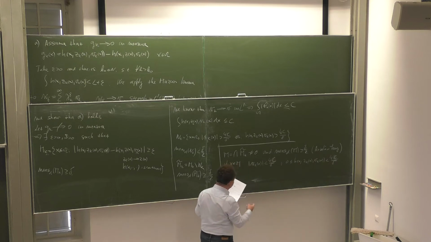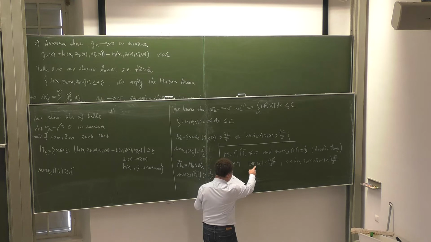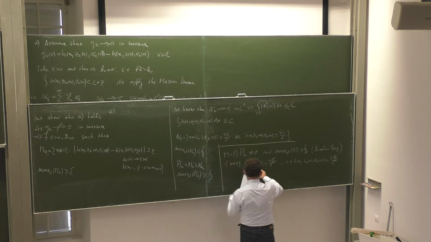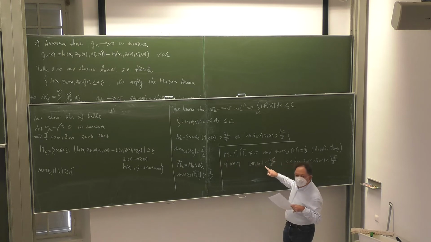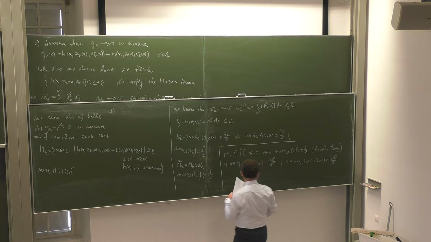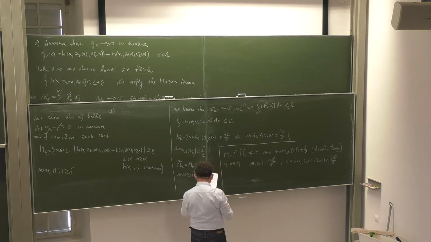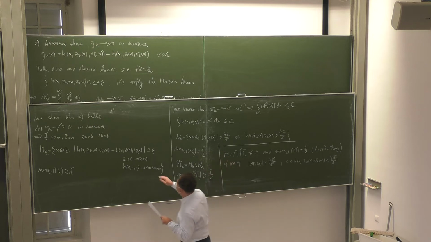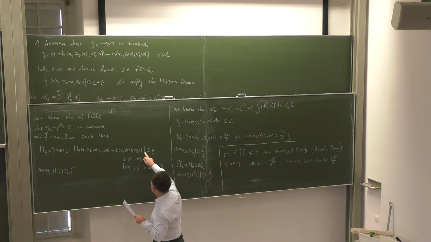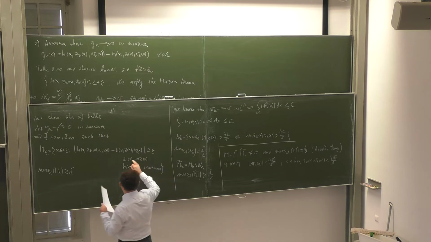So now we have this. So we pick a subsequence that goes for this given x to some limit, and also here. And we know at the same time that this is true.